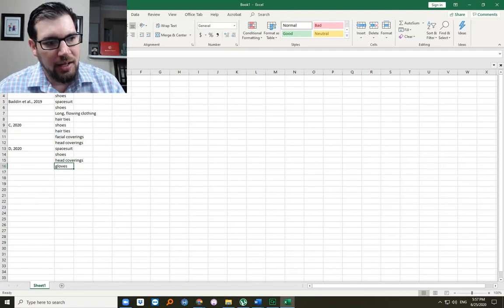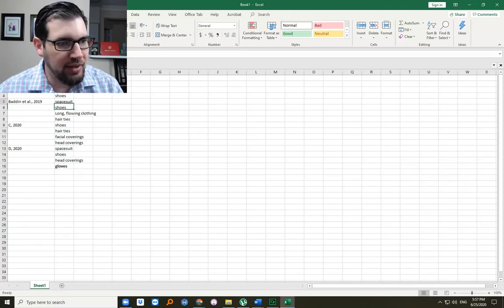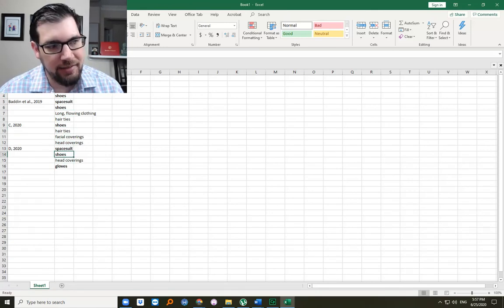And here I want to show you the process of what's going on. We have some things showing up multiple times. Gloves has shown up twice. Spacesuit apparently 3 times. Shoes twice. No, 4 times it would appear. Right? And so I should have highlighted that maybe.